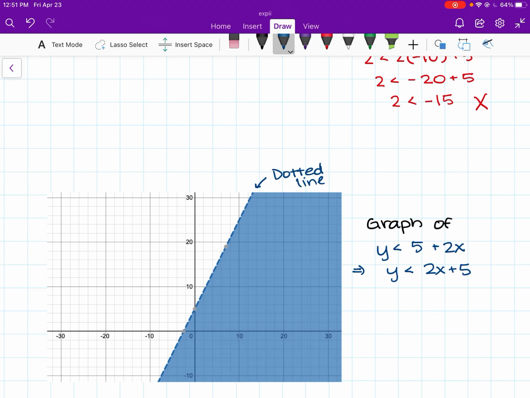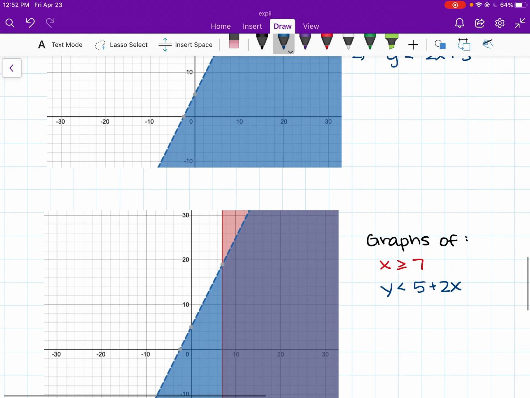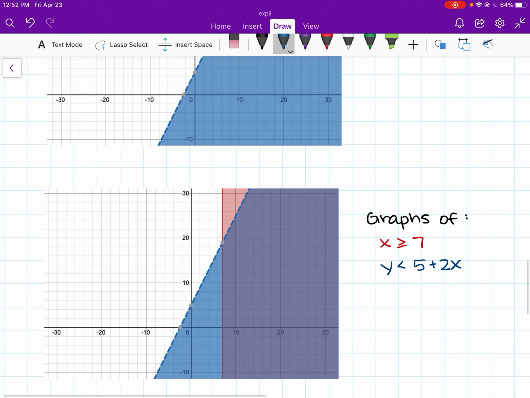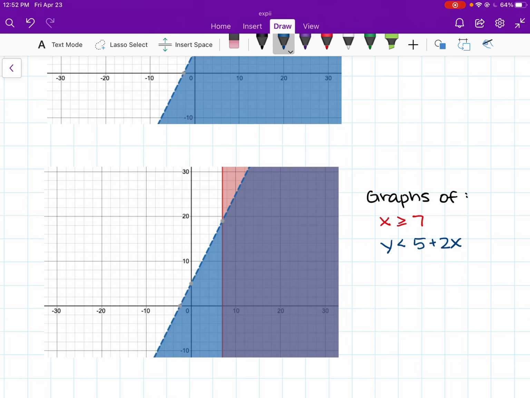And because we're solving a system of inequalities, we want to put these two inequalities on top of each other. So here's a graph with both inequalities. y is greater than or equal to 7 in red, and y is less than 5 plus 2x in blue. And the area that they are intersecting is kind of in purple here, and I'm going to outline it.